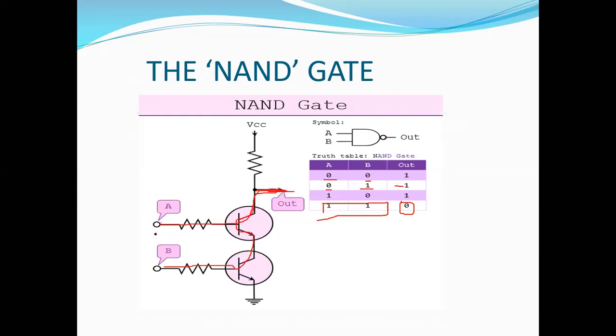But if there is current flow in both A and B, then we are not going to observe any current flow in the output. The current will directly go to the ground. So current will not be flowing through the output if both of them have the current. Okay. So NAND gate and AND gate are totally opposite. Don't forget that. If you know one of them, you can compare the other one.